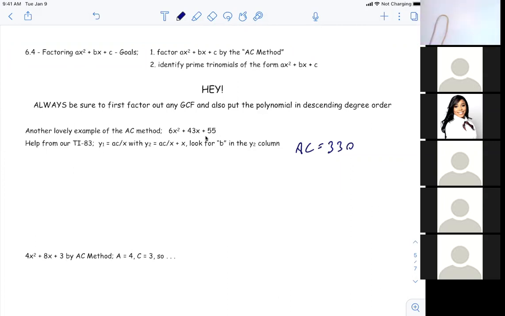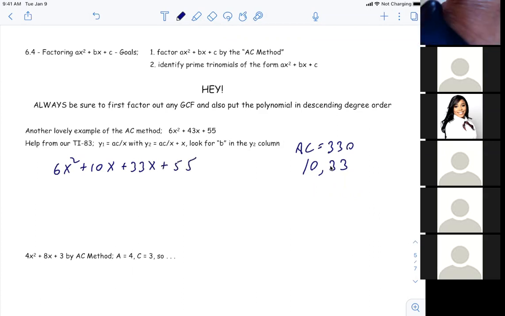So now I go back to the paper and write, these are my new best friends, 10 and 33. So I'm going to take the 6x squared, and I'm going to replace the 43x with 10x plus 33x, or 33 and then 10, it doesn't matter. And then the 55. And now we will do the factoring by grouping.